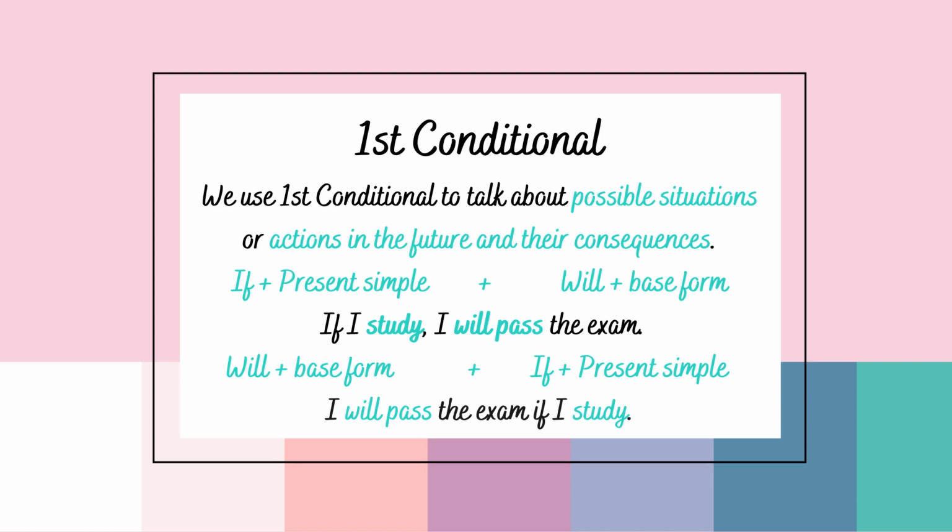Base form is the infinitive but without the to. For example, the verb to be without the to is be. Will be. If I study, I will pass the exam.